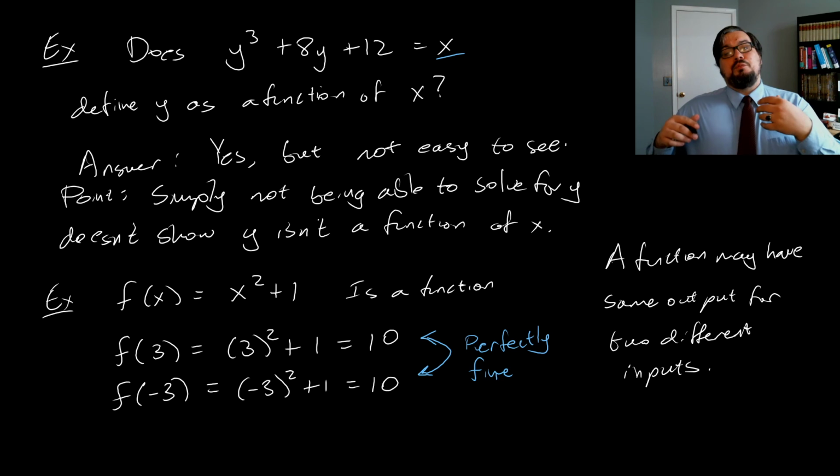Just like two different items in your grocery store may have the same price with different barcodes, that's perfectly fine. But you can't have one barcode coded to two different prices. That's a problem. So the point of a function is that if you know the input, that entirely predicts the output, you can figure out the output exactly. But that output might be repeated, and that's perfectly fine. It's perfectly fine for a function to have the same output for multiple inputs.